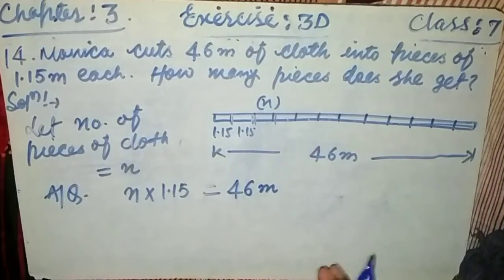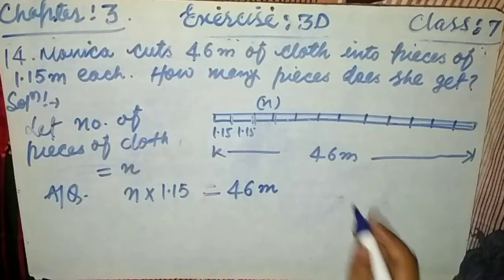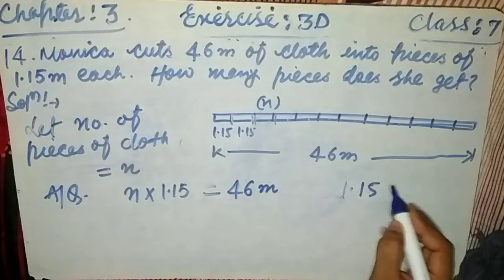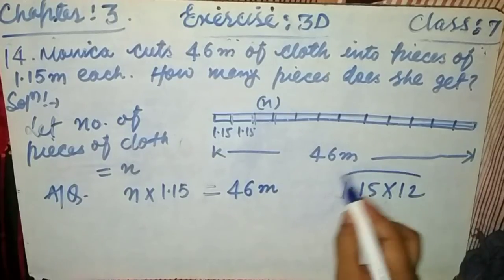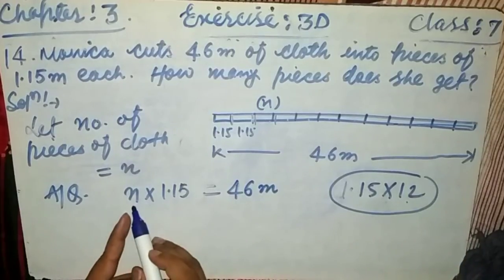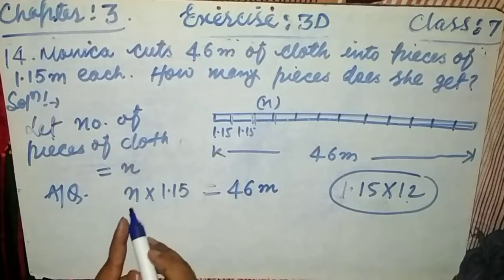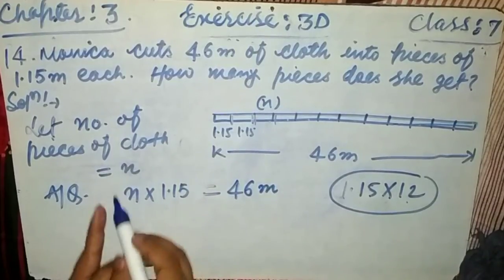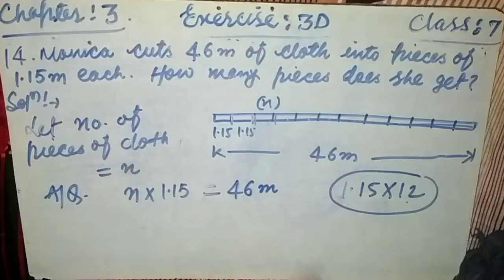Then we have to add 1.15 12 times, that means multiply 1.15 by 12. But here we consider n as the number of pieces. So instead of 12, we can multiply n with 1.15. This is equal to 46 meter.